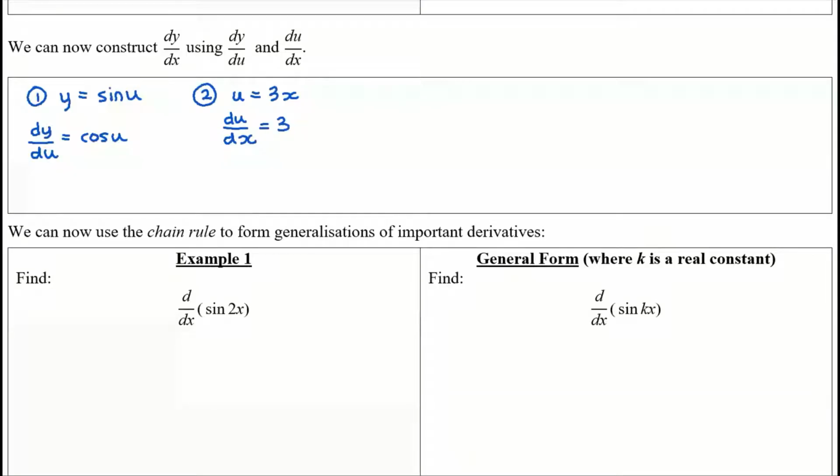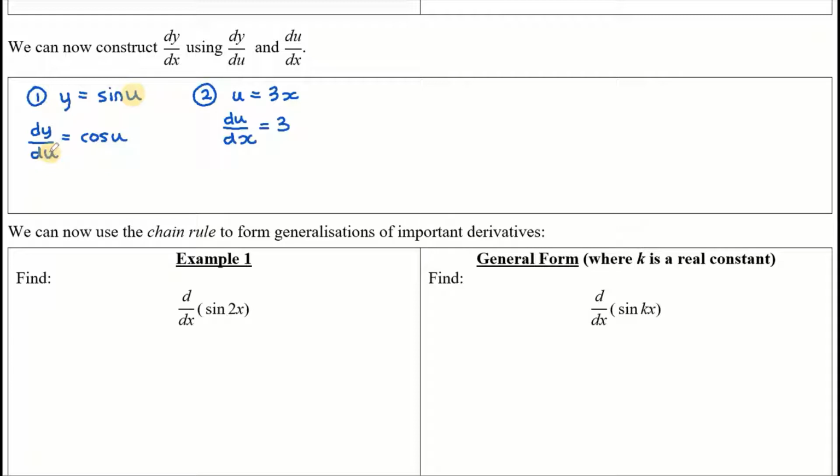Okay, now before we put the derivatives together to find dy by dx, I just want to go over what's happened once again to make this absolutely clear. When we have equations of curves, things like sine u and 3x like we have here, the independent variable is the variable contained inside the function, which is the bit you differentiate, and that appears in the derivative on the bottom.